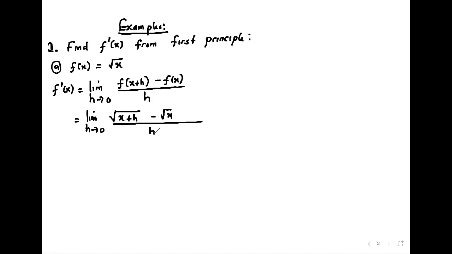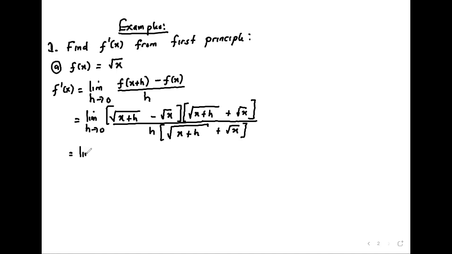Then we can conjugate the numerator. So you rationalize the numerator, you multiply by root of x plus h plus root x. You also do the same down. Like this.